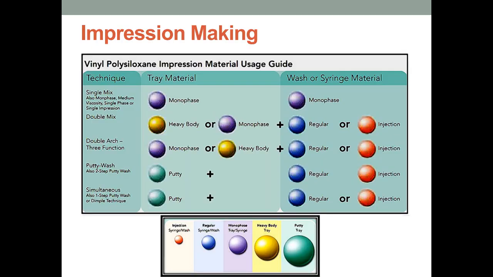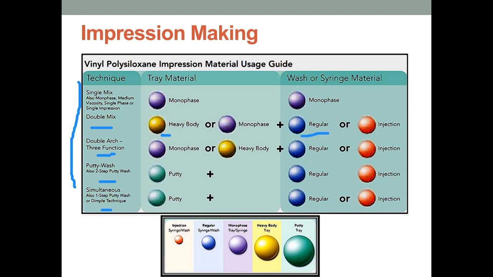Now this is a very important chart to understand that there are different materials available, and they show different combinations according to the techniques. It is just for reference: if you are using a heavy body, then you have to use a regular body or the light body for the wash.